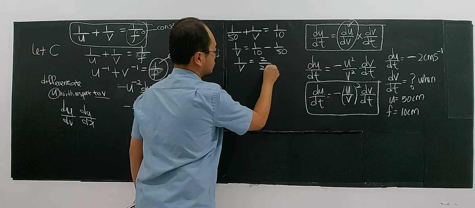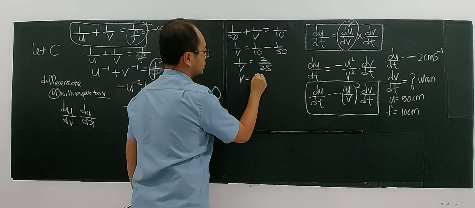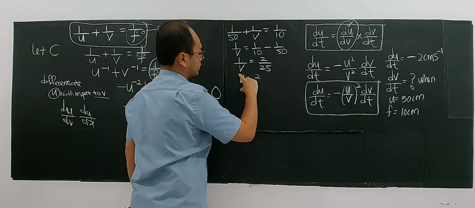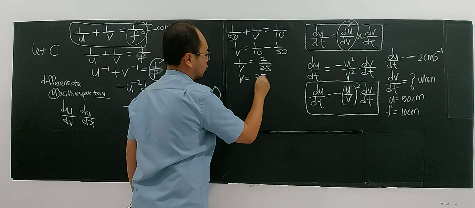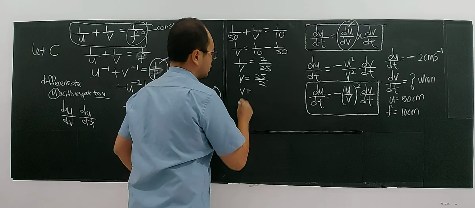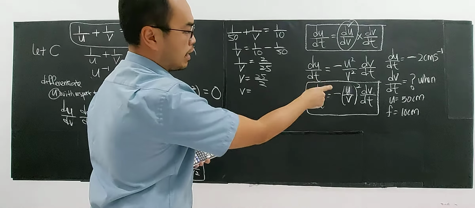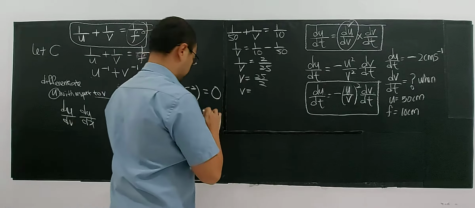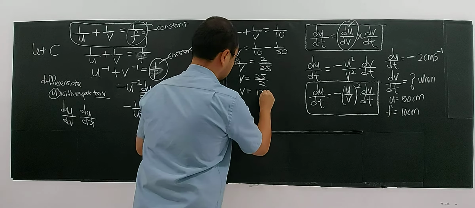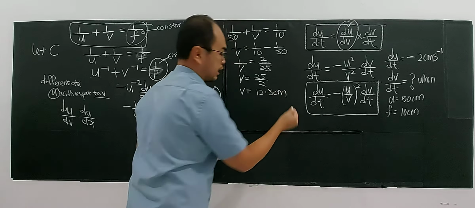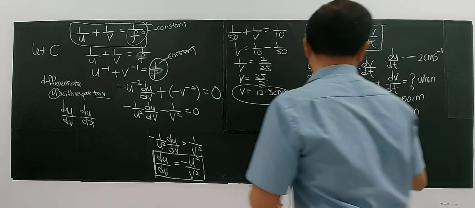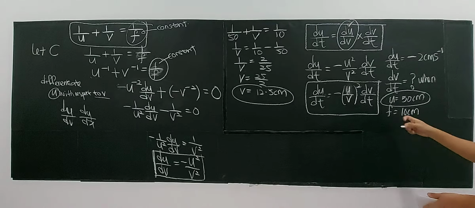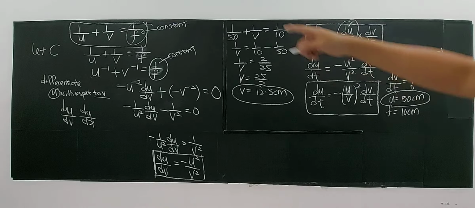So v will be 25 over 2. So when u is 50 and f is 10, your value of v will be 12.5 cm. Now you have v, you have u. You don't need the f, right? You just use the f to find the v.